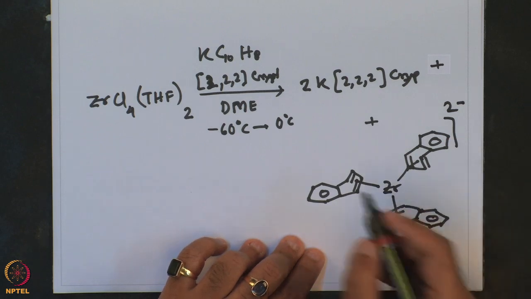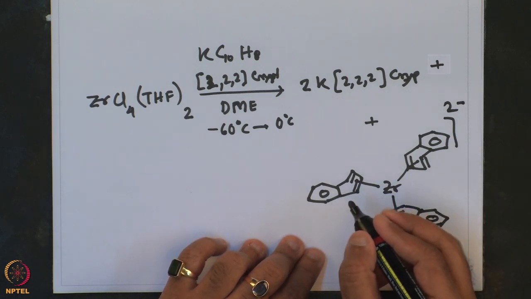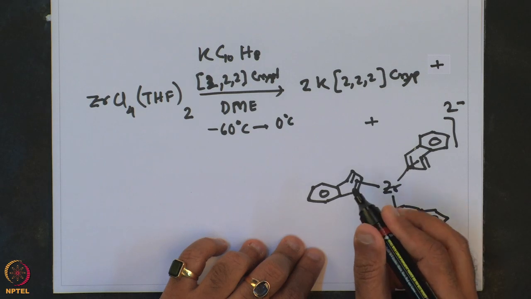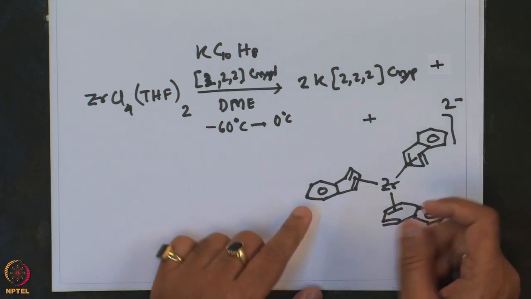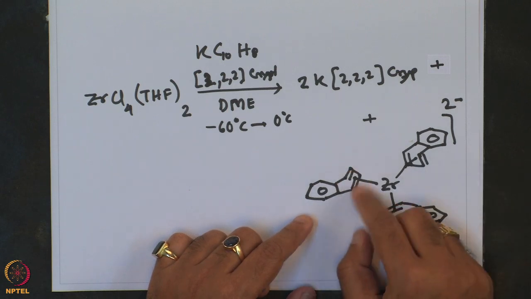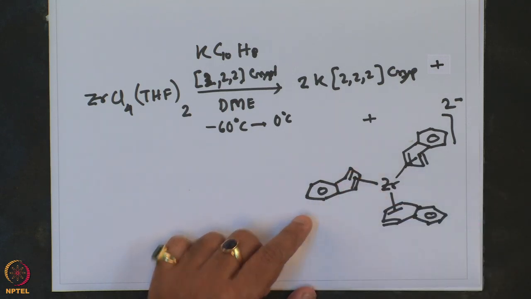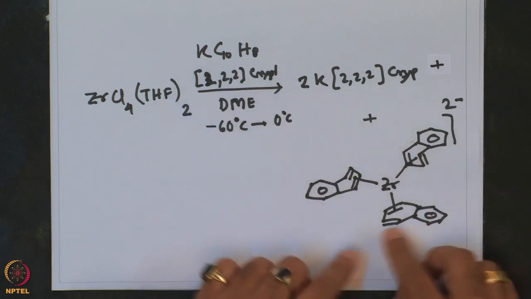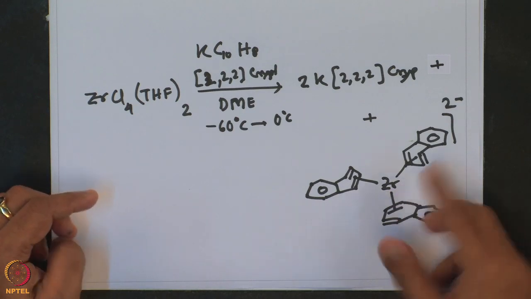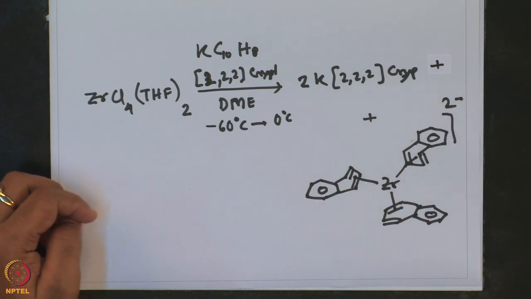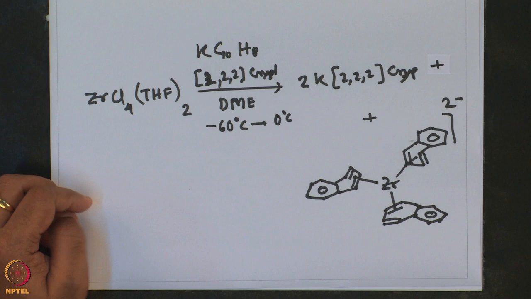So, here this is an interesting example of this reductive coupling, where it reacts with naphthalene, but only with two of the olefinic bonds of the naphthalene. As a result, the naphthalene ring is no longer planar and is found bound to zirconium in a dianionic form.